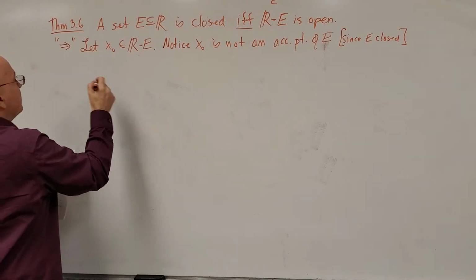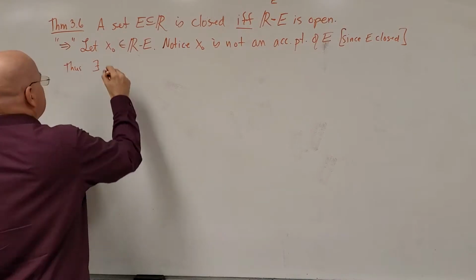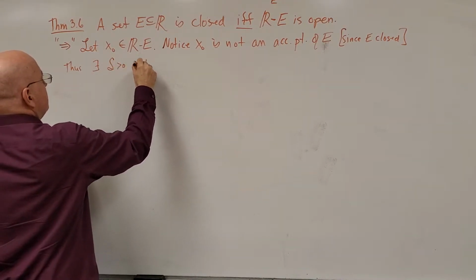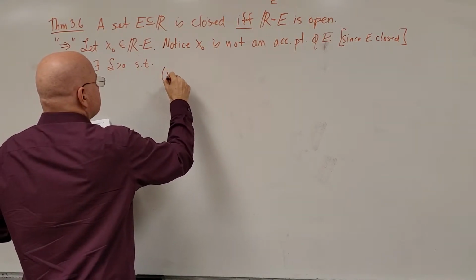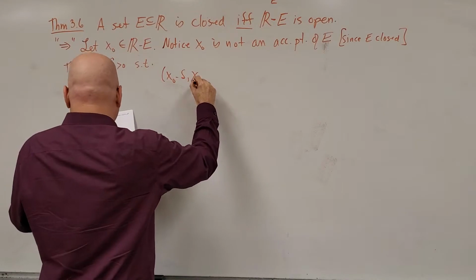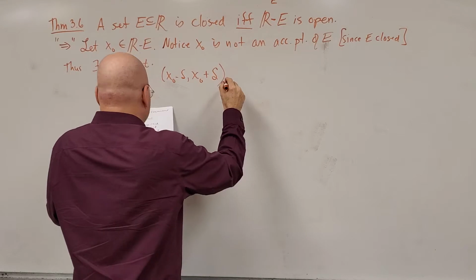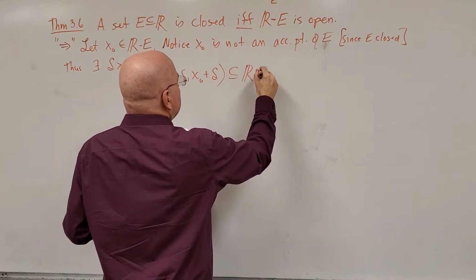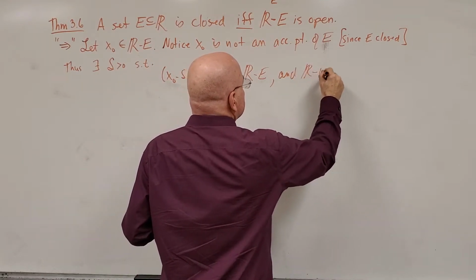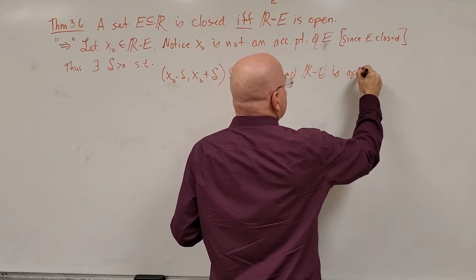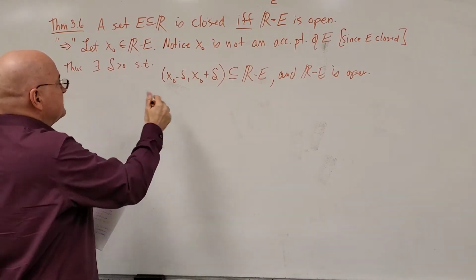All right, since it's not an accumulation point, thus, there exists a delta greater than 0 such that x naught minus delta, x naught plus delta is completely contained in R minus E. Okay, well, why is this true?